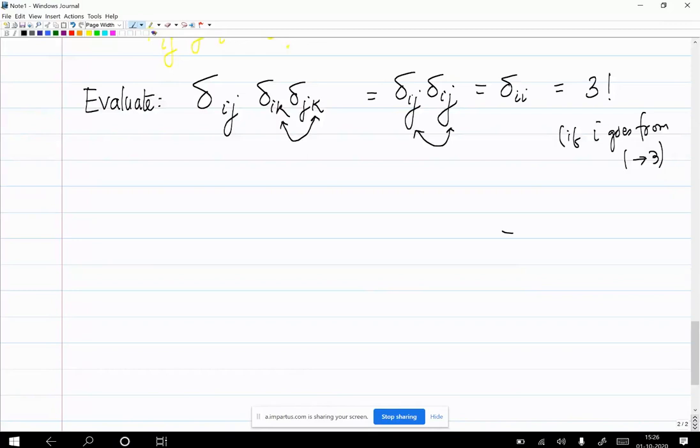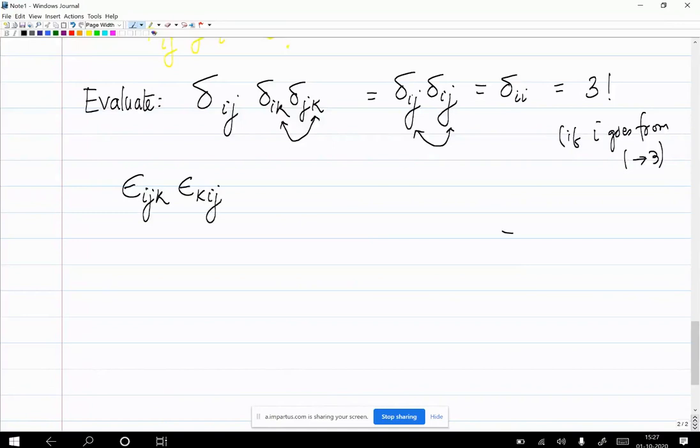I'm just trying to see some more nice examples. Okay, there is another one. So it is epsilon ijk into epsilon kij.